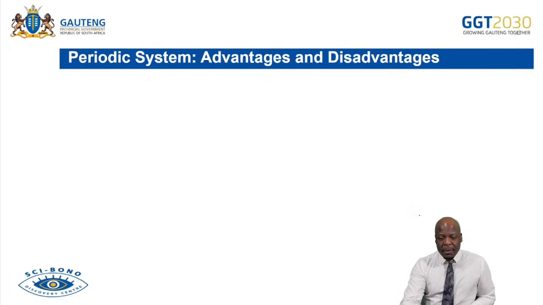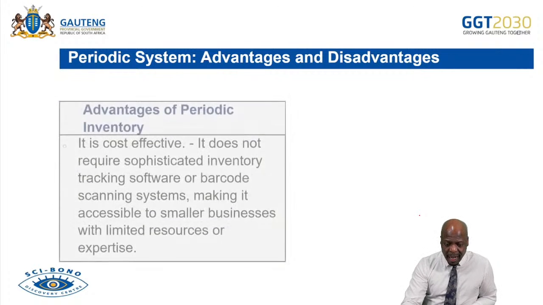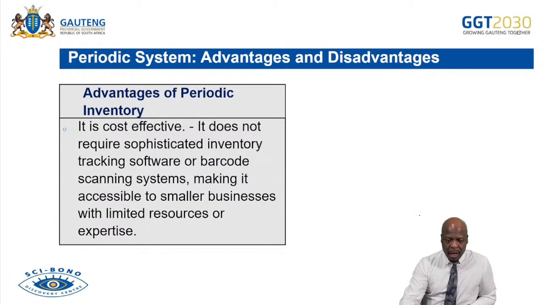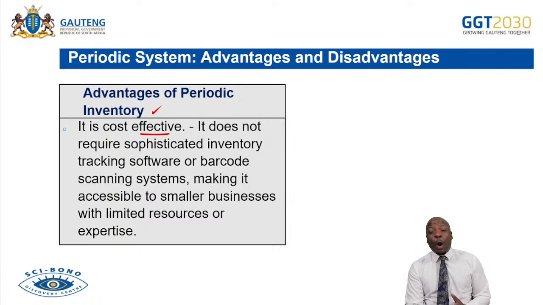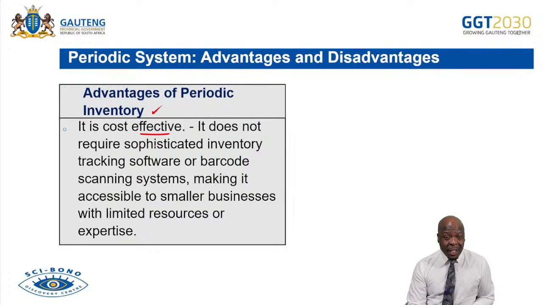For the periodic system, we're going to talk about the advantages and the disadvantages. The advantages of the periodic inventory system: it is cost effective. It is not a costly system. It is not expensive at all.